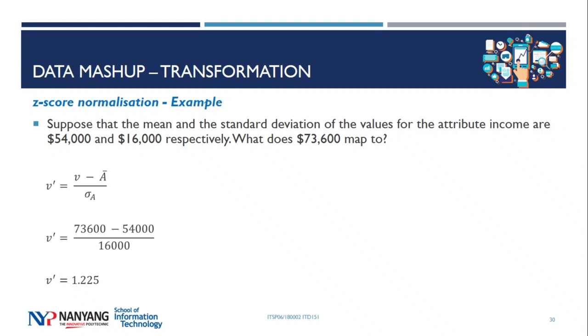So what you observe here is that different normalization techniques will give you different normalized values. It's actually important that when you want to do normalization, you apply the same technique on the entire set of data, else you will disturb the accuracy of the data.